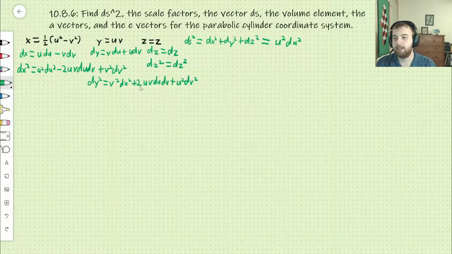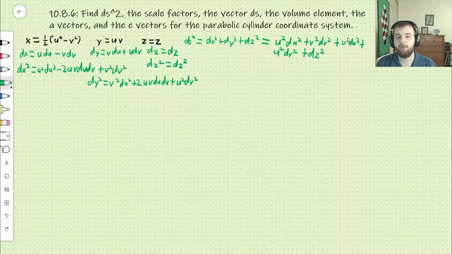That's important because that makes things a lot easier to deal with for various reasons. So that's going to be plus v squared dv squared, and we're going to add v squared du squared plus u squared dv squared, and then plus our dz squared.